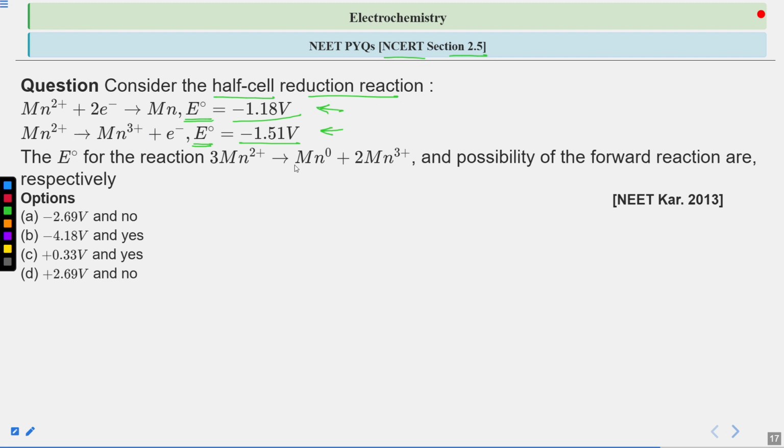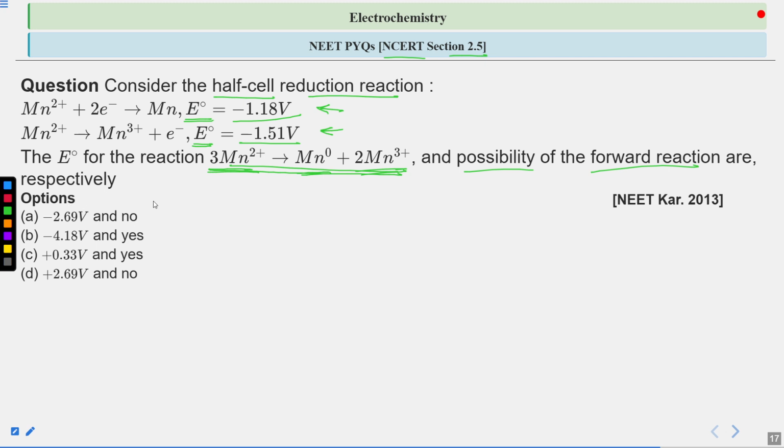The question asks for the E naught for the reaction 3 Mn2 positive giving Mn0 plus 2 Mn3 positive, and whether the forward reaction is possible, respectively.